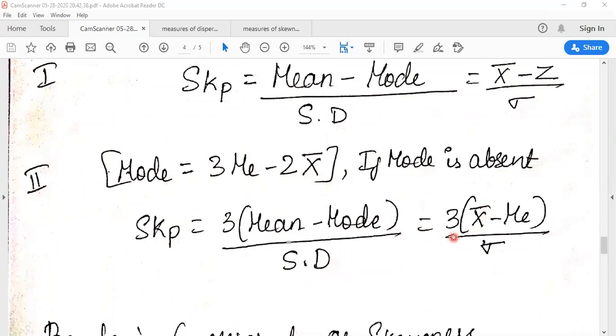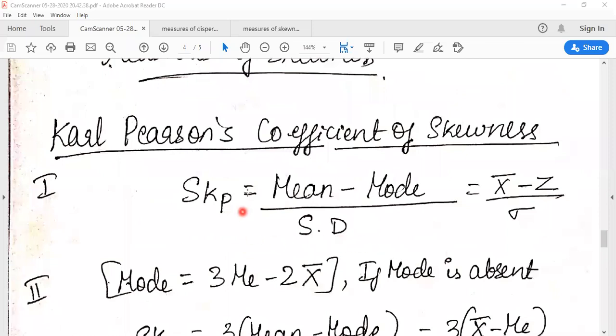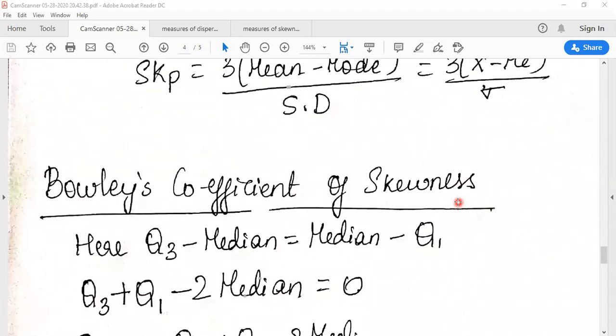So we have derived 3 into x bar minus median divided by standard deviation. If mode is not given, then use 3 into x bar minus median by standard deviation. If not, you have to use the first formula, mean minus mode by standard deviation. So that is your Karl Pearson's coefficient of skewness.